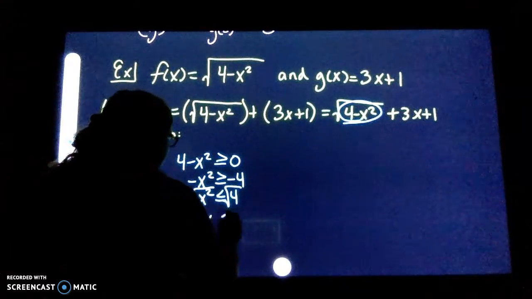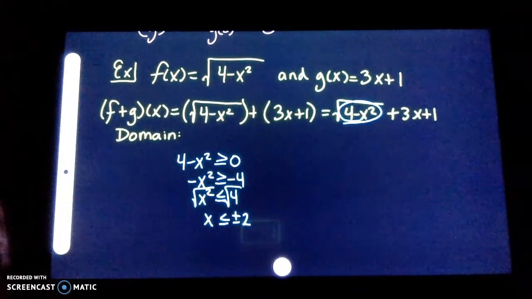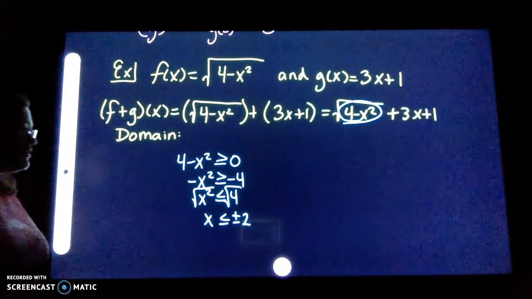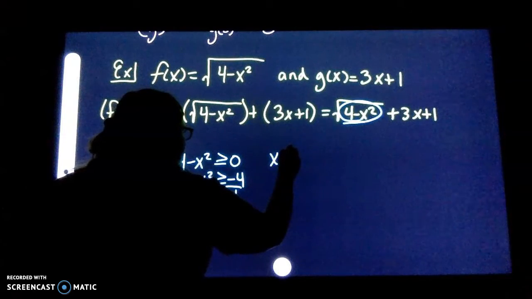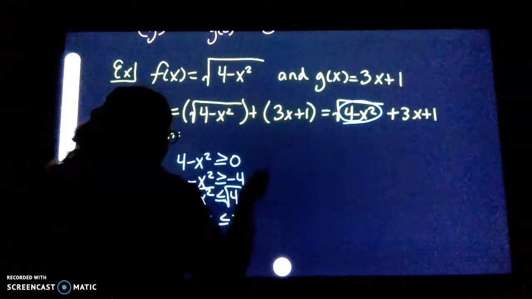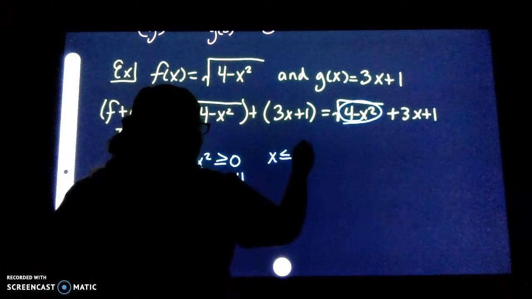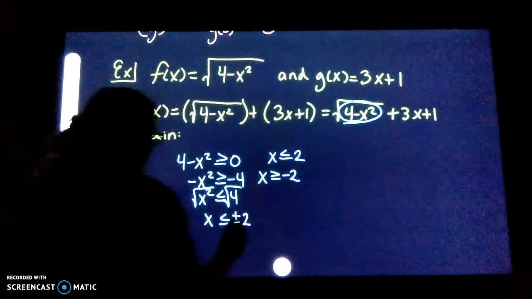So I get x is less than or equal to positive or negative 2. If I use the negative version, of course, which means x is less than or equal to 2, and x is greater than or equal to negative 2.